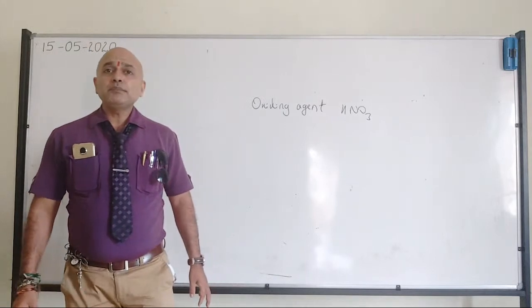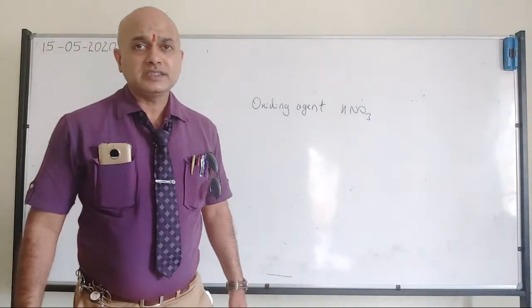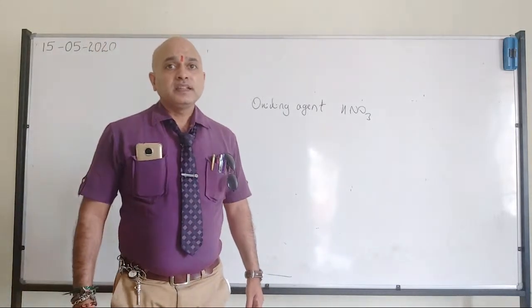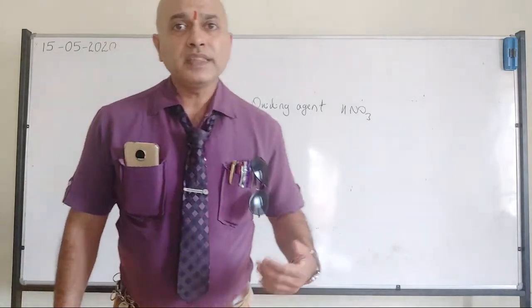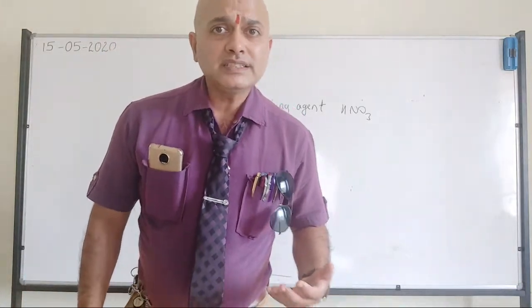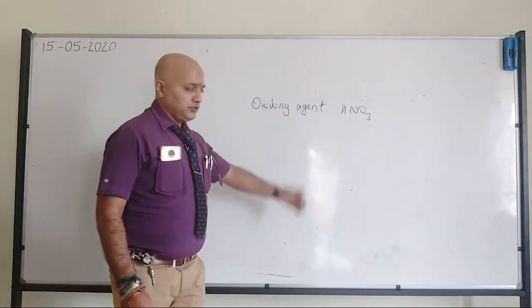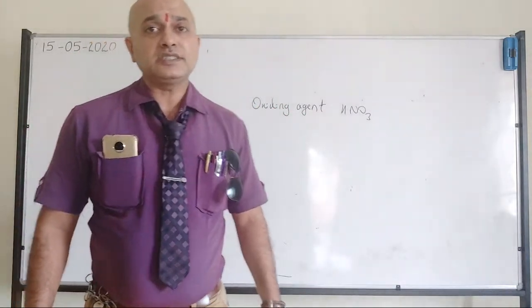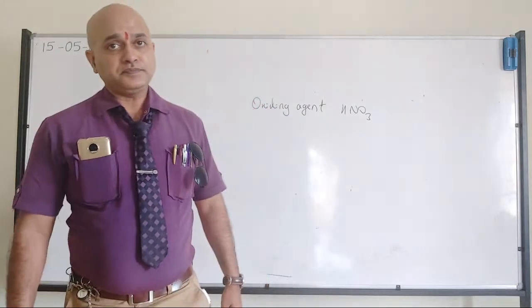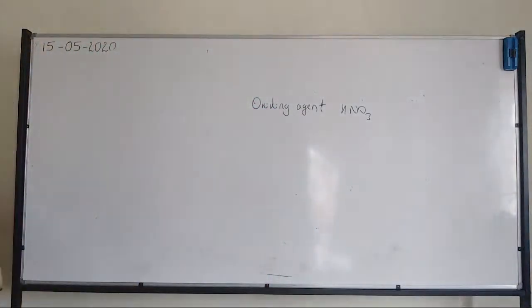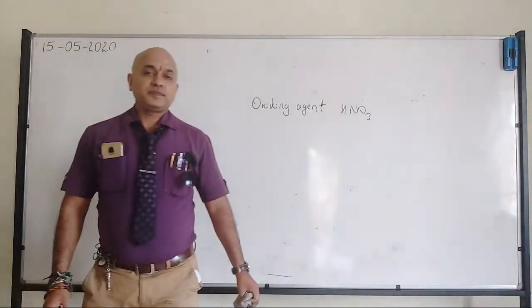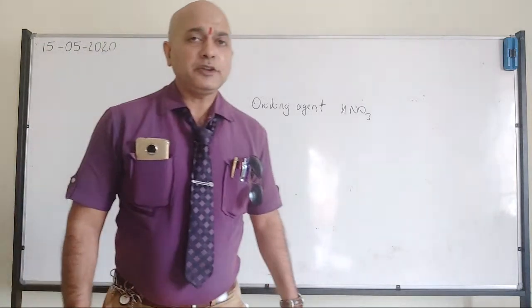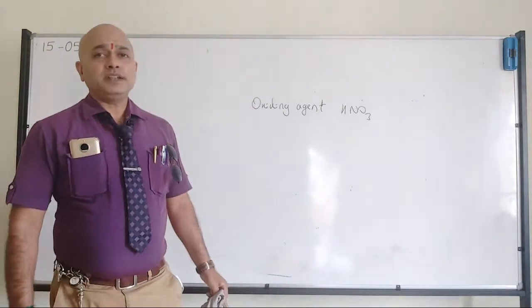Can anyone tell me by using which reactions we have confirmed that yes, HNO3 is a strong oxidizing agent? We discussed this with some of the reactions. Which are those reactions? That is with respect to metals and non-metals, right?